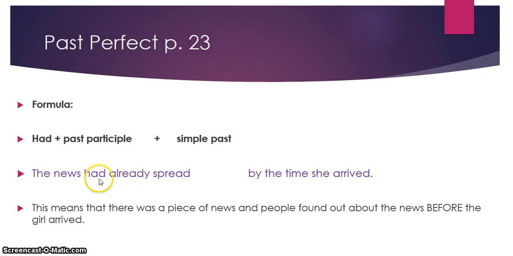So here's the had plus the past participle, and then you're going to use the simple past in the second part. So once again, here's my had, past participle, and simple past. This means that there was a piece of news and people found out about the news before the girl arrived.